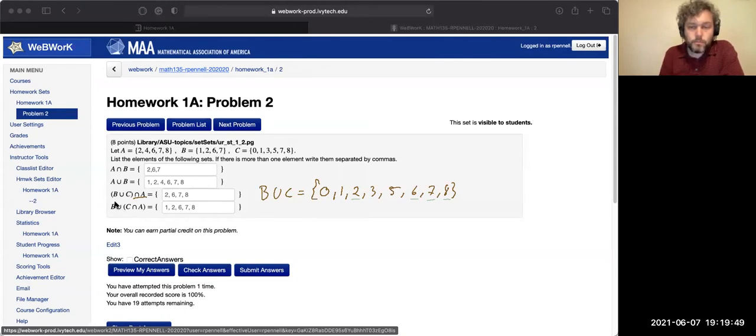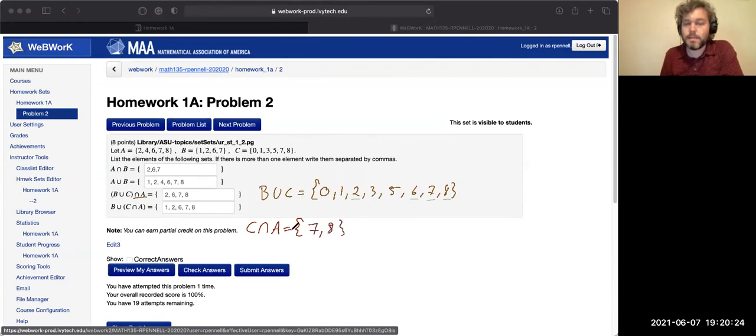Here, we have B union with C intersect A. I would also suggest to do the parentheses first rather than trying to solve the whole problem first. So if you have C intersect A, that is, what do those two sets have in common? So let's see what they would have in common. So 2, no. 4, no. 6, no. 7, yes, they have 7 in common.